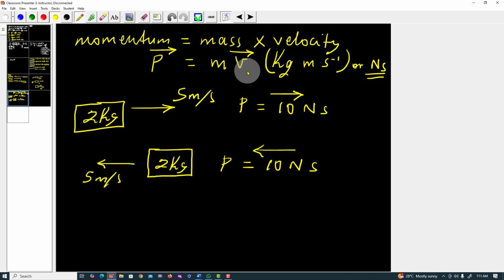So those are the basics about momentum. Now let's go to a given situation here. Suppose we have an object of mass m, and at a certain instant of time, it's moving in this direction with an initial velocity u.